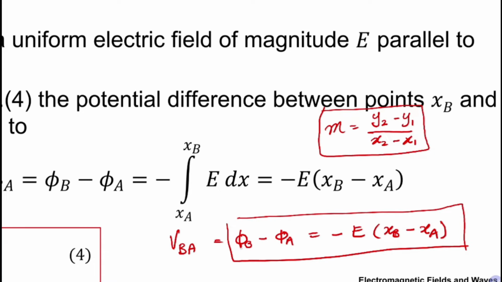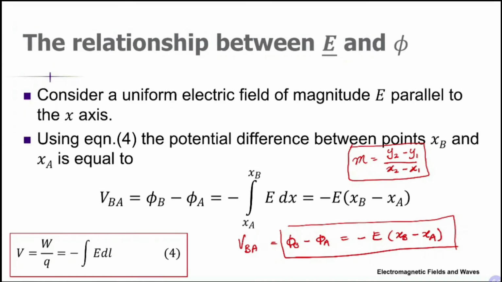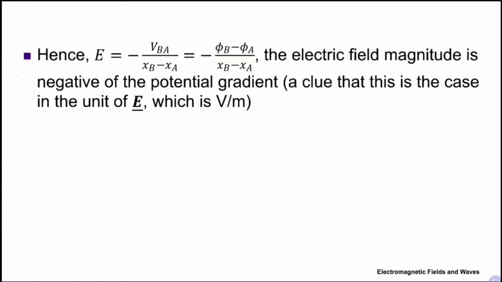Here we have phi B minus phi A over xB minus xA, with a negative sign. So the electric field is a negative gradient of something. Okay, so it's the negative gradient of the electric potential. So the electric field is equal to minus the potential difference VBA over (xB minus xA), and that equals minus the electric potential at B minus the electric potential at A divided by xB minus xA.